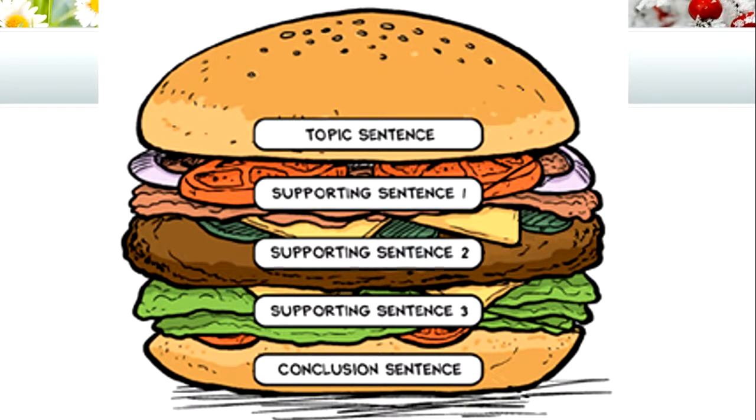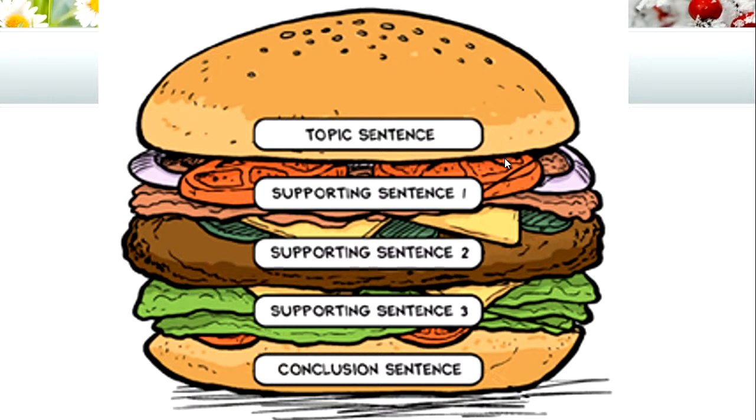So this topic sentence and conclusion sentence keep the ideas of the paragraph in one unity. So topic sentence and conclusion sentence have the same idea, but they are written in slightly different sentences.